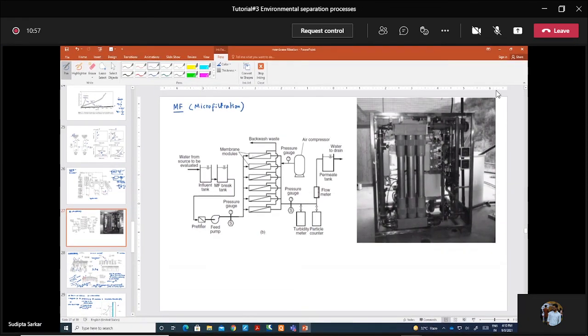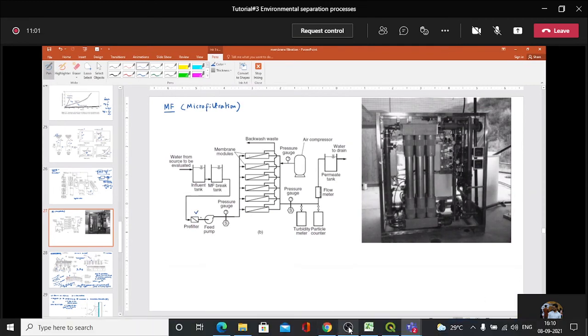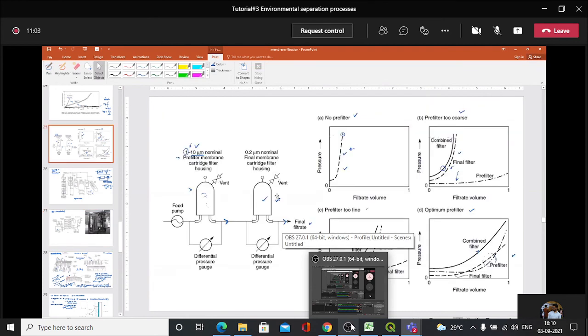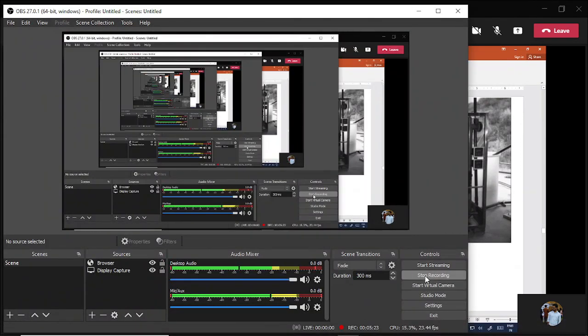So you have this pre-filter. We talked about the pre-filter, if you can remember, some coarse and finer pre-filters, and what the effects are on our filtration volume versus pressure requirement. So there is a pre-filter provided here, and then we take it into the beverage system.